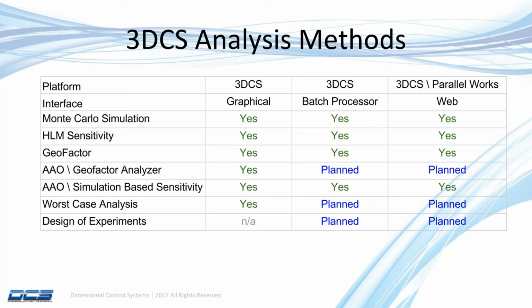So one thing to point out here, simulation-based sensitivity. As Eric mentioned, the last webinar we did was on simulation-based sensitivity. You can find it on demand. Simulation-based sensitivity is going to increase the time of your analysis a great deal because it's a much, much more detailed sensitivity analysis.